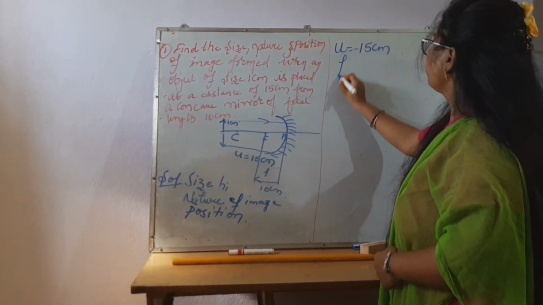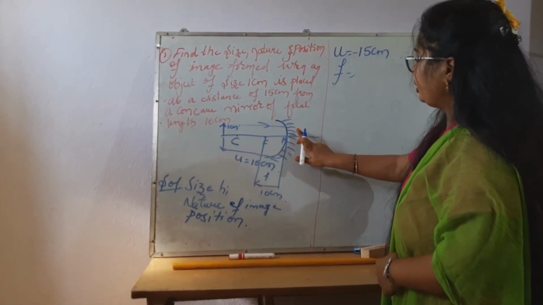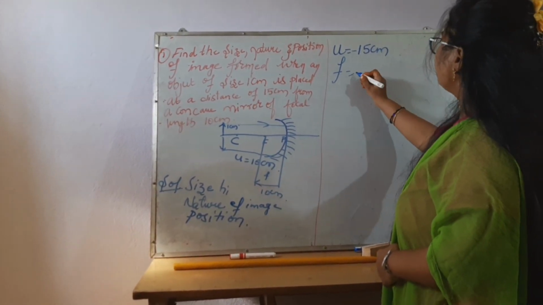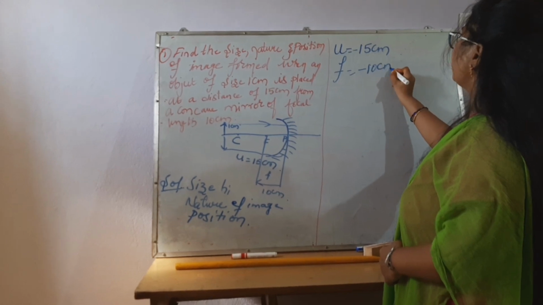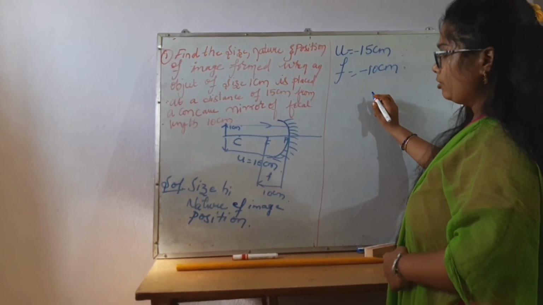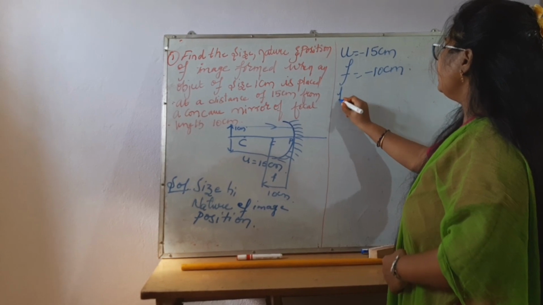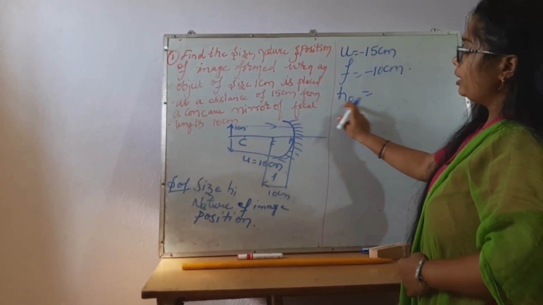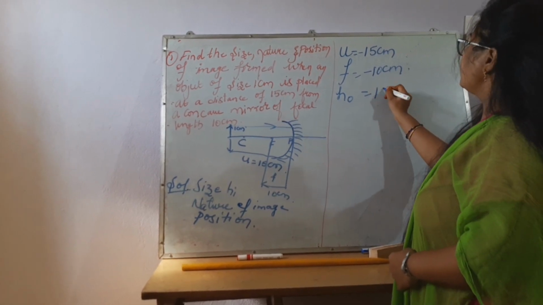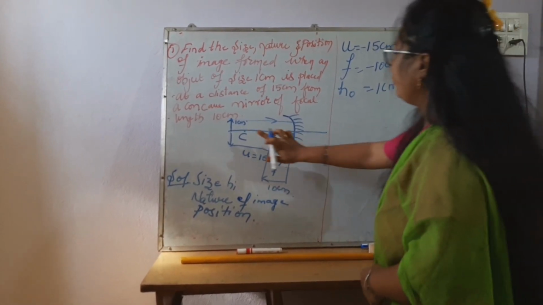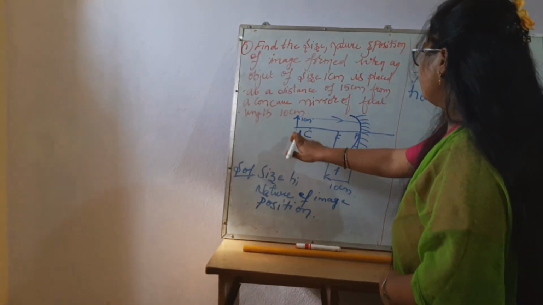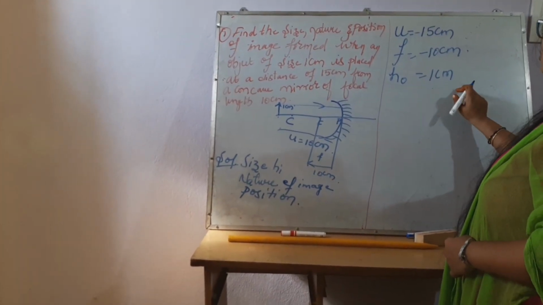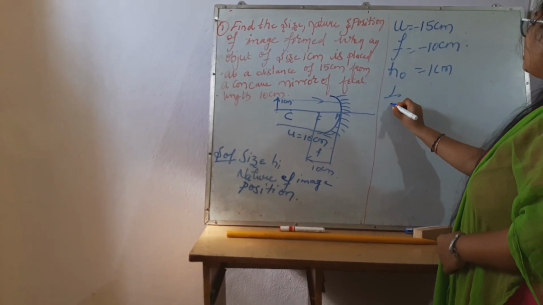And f is also in this direction, the incident ray, and opposite to that you are measuring, so f is also minus 10 centimeters. We don't have v. Another value we have is h o, the height of the object, as it is above, 1 centimeter. This is not the image, for this I have drawn it. The first formula we are going to use is the mirror formula.